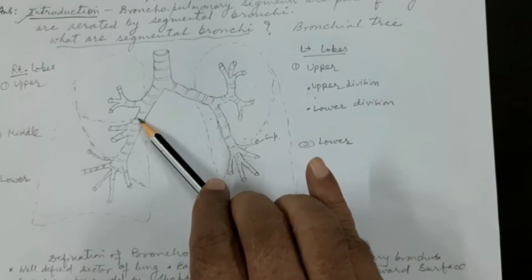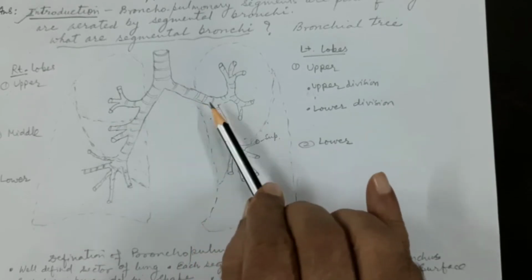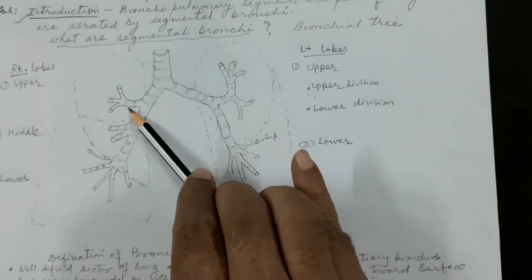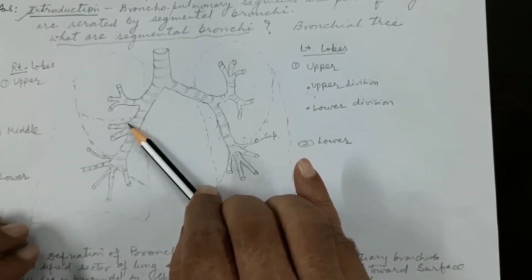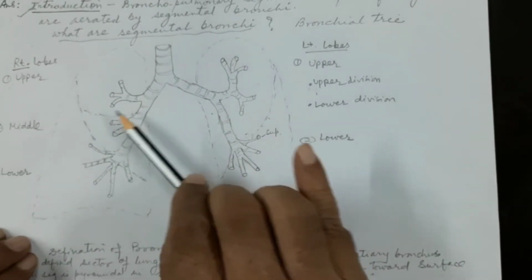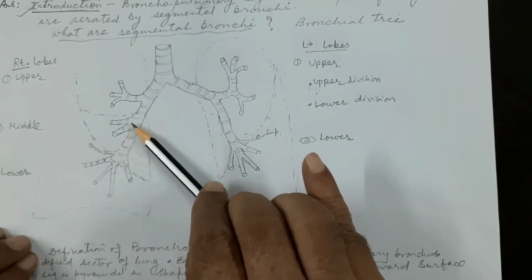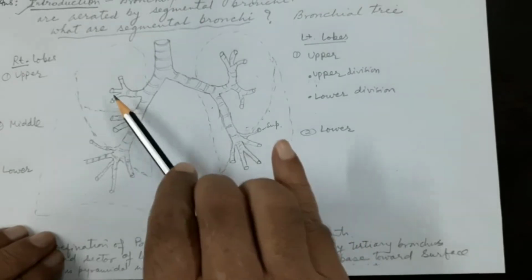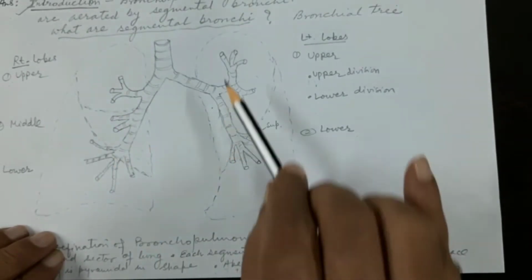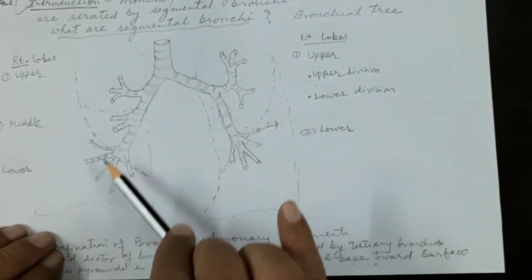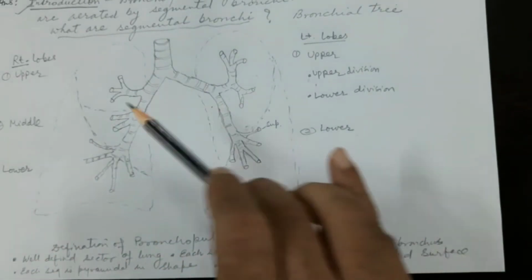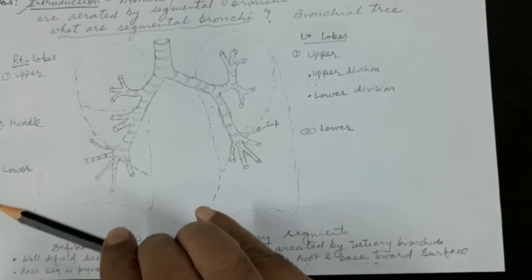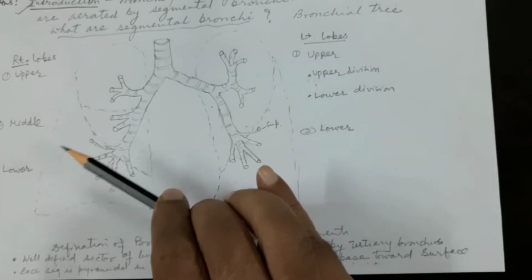Right and left, both primary bronchi divide into secondary bronchi, which go deeper inside the lung tissue and divide one more step into the tertiary or segmental bronchi.